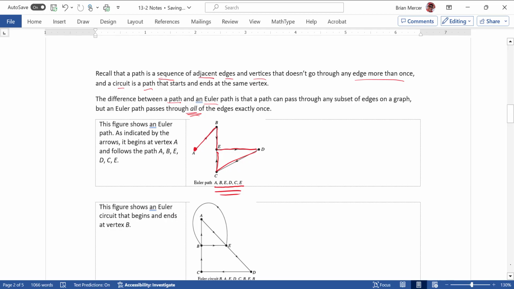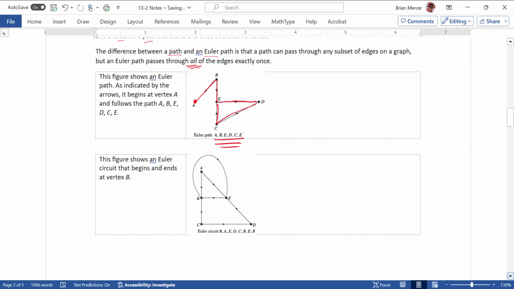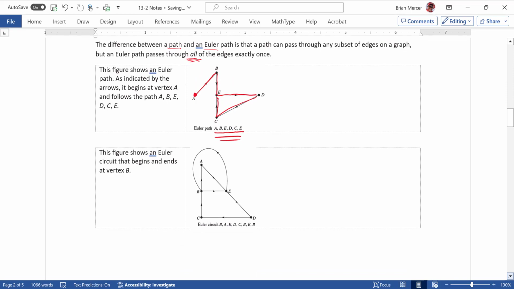Then this next figure shows us an Euler circuit. It begins and ends at vertex B. We started at B, and we went up to A, down to E, down to D, around to C, up to B, over to E, and then around to B. So there is an Euler circuit: we made it through every edge in that diagram exactly one time, and it was a circuit, meaning we ended back at the same place.